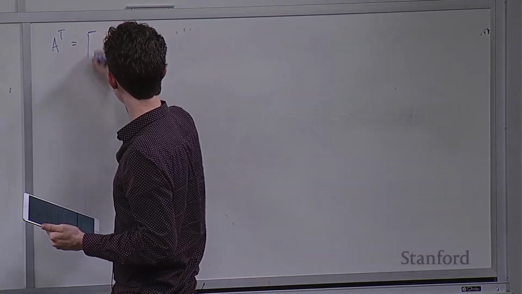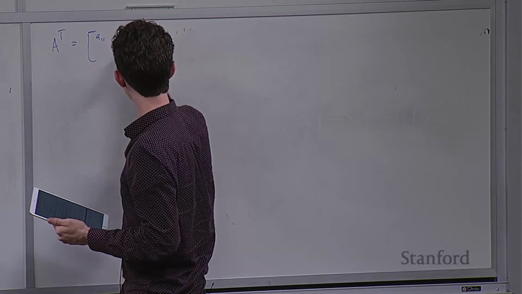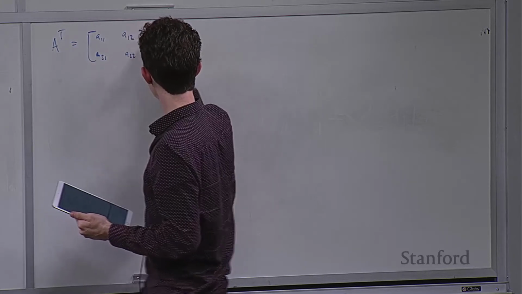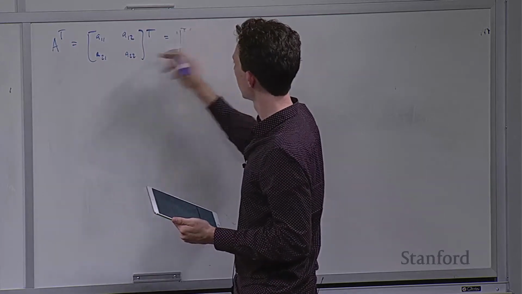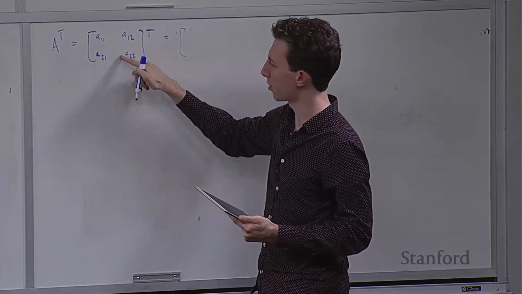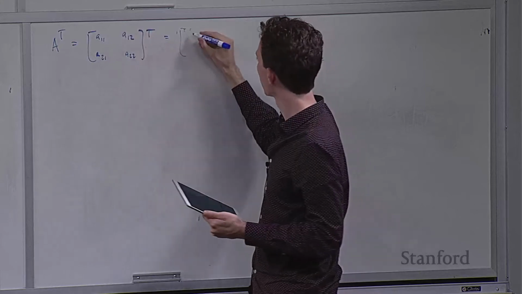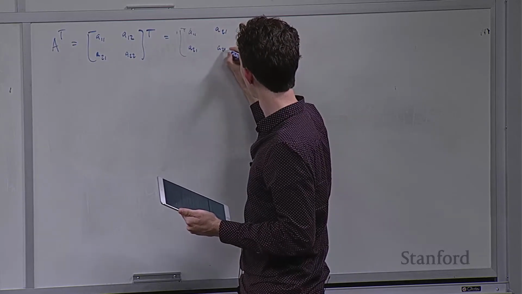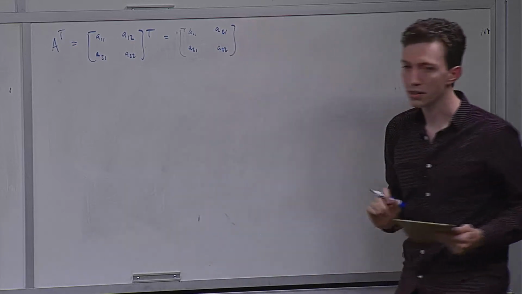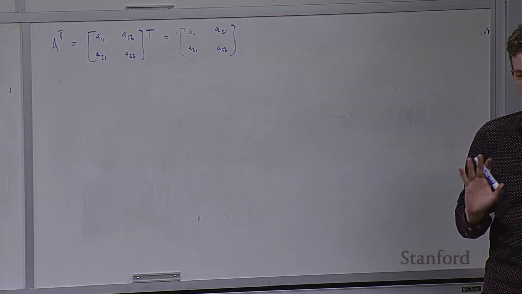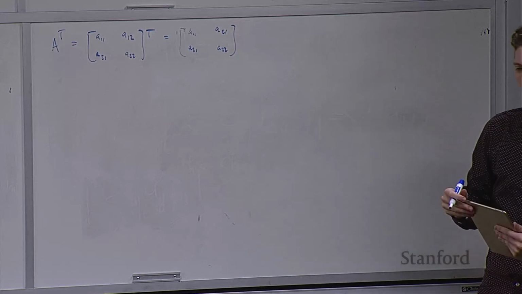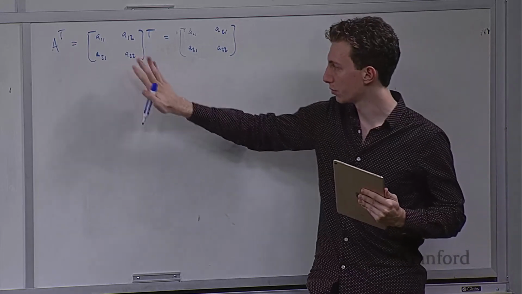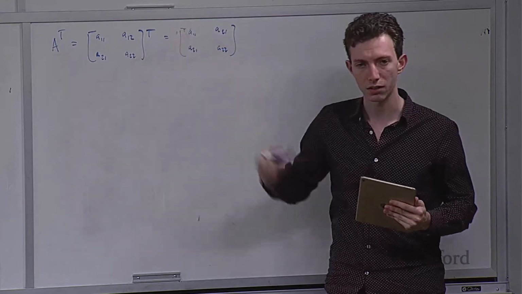So if A, again, was 1, 1, 1, 2, 2, 1, 2, 2, the transpose of this switches these two. And since these are on the diagonal, they stay the same. And now A doesn't have to be square anymore. Even if A is long or skinny or wide, I can still flip A like this, and that's still a valid transpose.